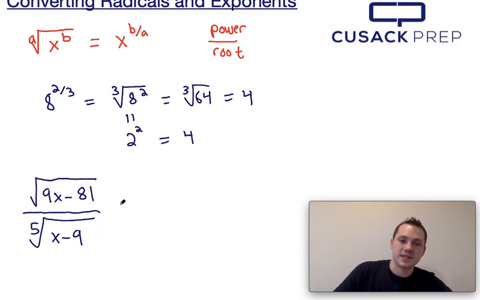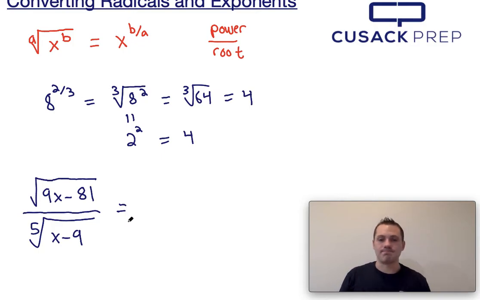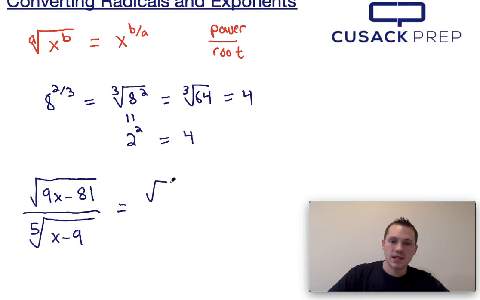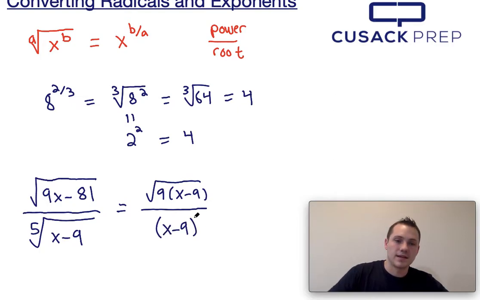So what we first have to do is see that we can factor out a 9 out of both of these terms. So I could turn this into the square root of 9 times x minus 9. And in the denominator, I could turn this into x minus 9 to the 1/5.